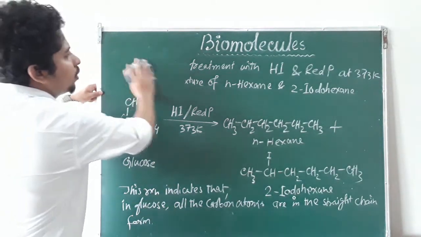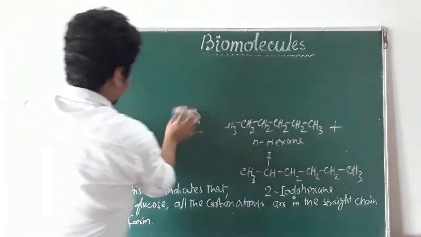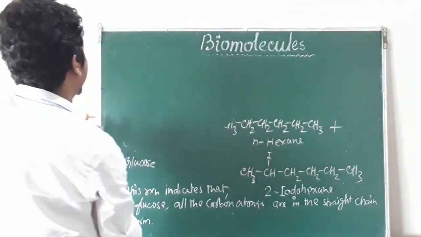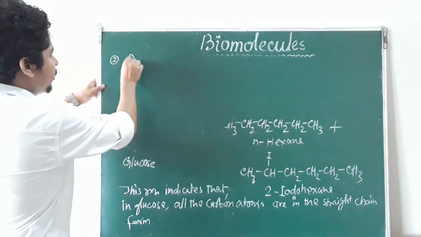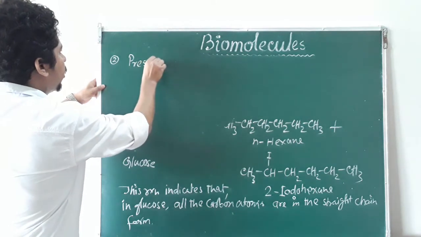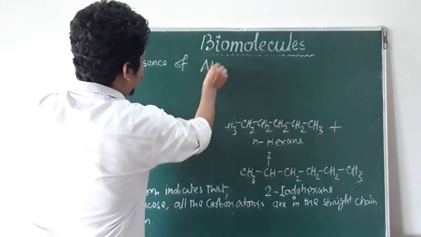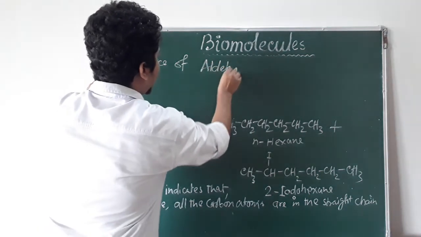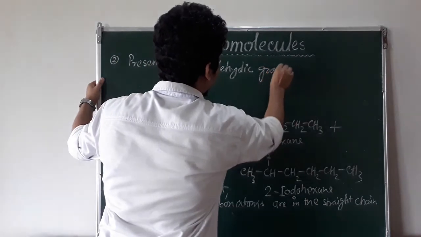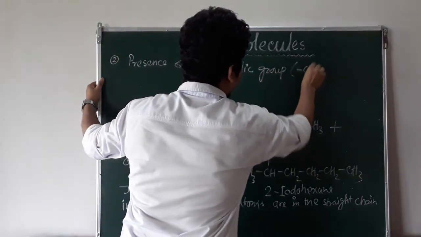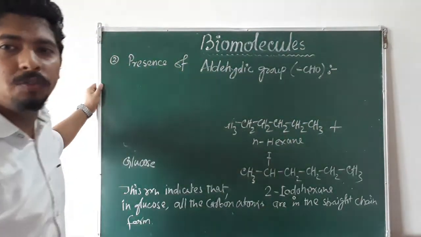Next you see number 2, presence of aldehyde group. Okay, this CHO group. How can the presence of this CHO group be confirmed?